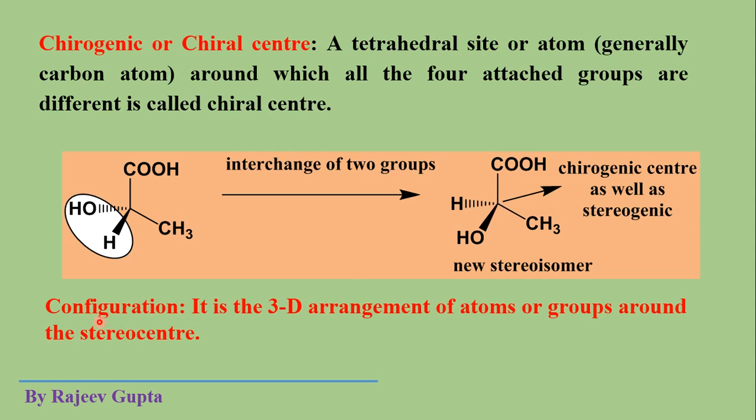Now what is the definition of configuration? Configuration is the three-dimensional arrangement of atoms or groups around the stereo center or chiral center. Around stereo center, the arrangement of atoms in 3D is called its configuration.